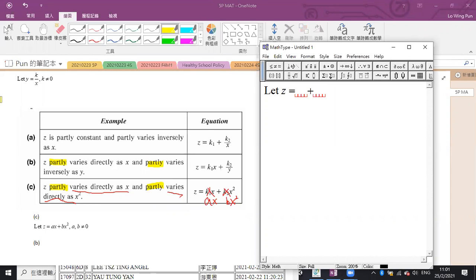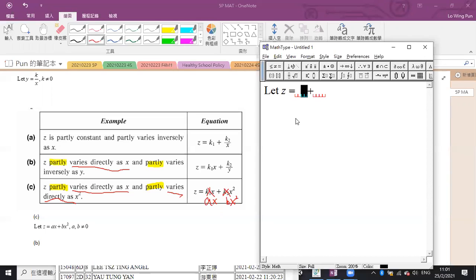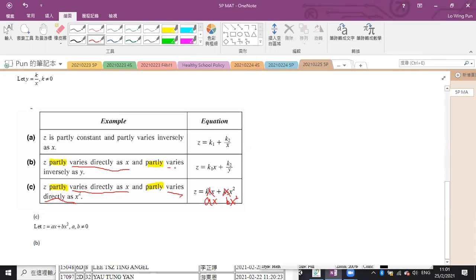Okay, what is the first part? It varies directly as x. It is also x in direct variation. So we will let the first part be a times x. And then partly varies inversely as y. The second part is inverse variation and it's about y.